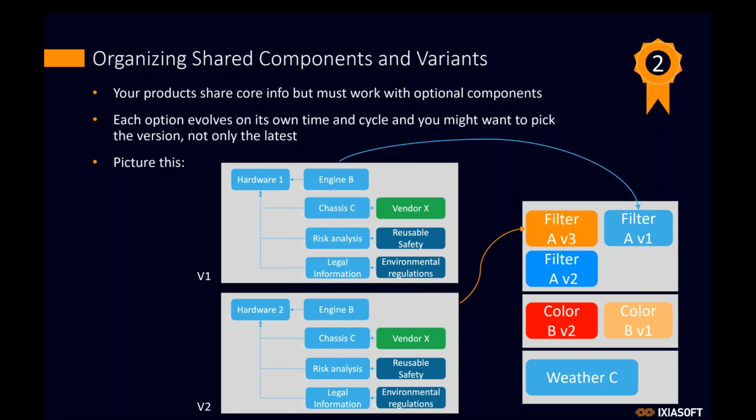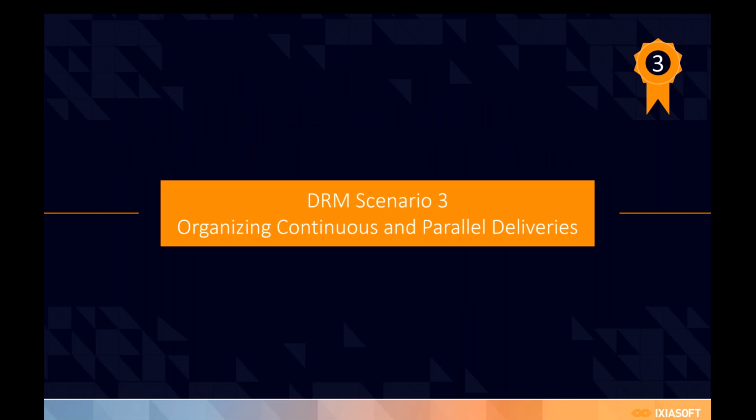So you may have impacts that go from V1 to V2, so from version to version, but also have changes controlled on the right-hand side in the filters and the colors and the weather options that we have here. And this concludes our second scenario. We'll move on to the continuous and parallel deliveries and how to organize that.